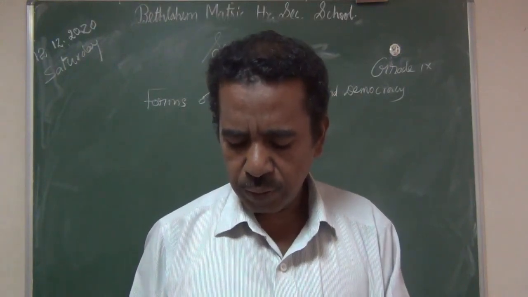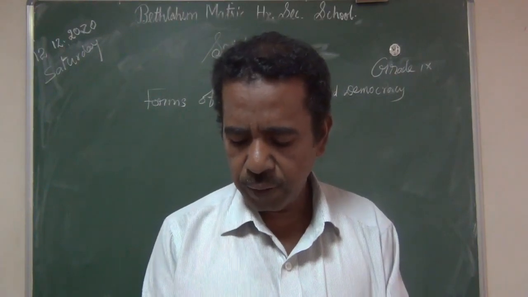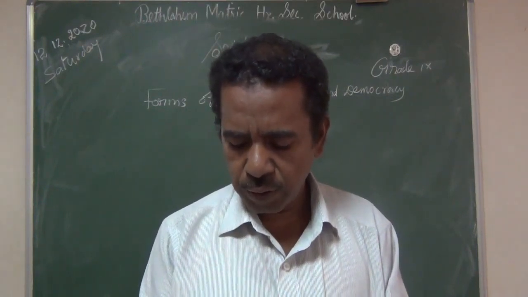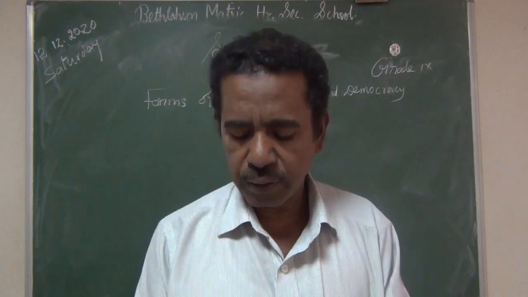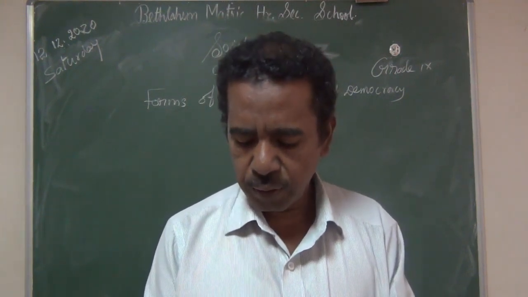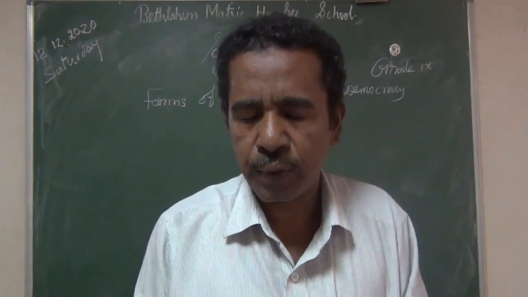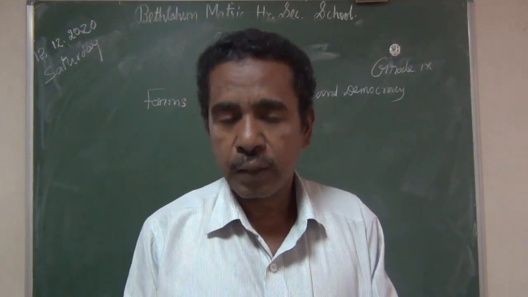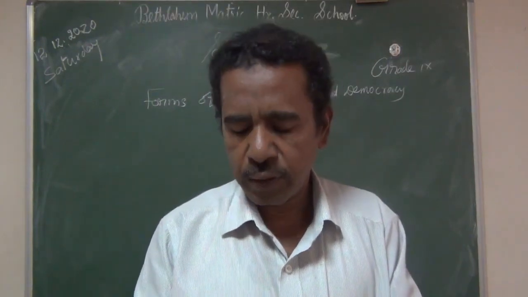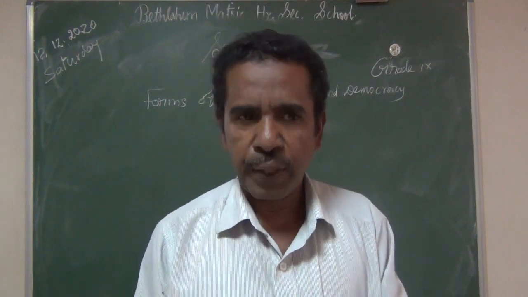The next one is assertion and reason. The answer is both A and R are true and R explains A. The two statements given: direct democracy is practiced in Switzerland. Switzerland is also one of the smallest countries. There also direct democracy is followed. People directly participate in the decision making.